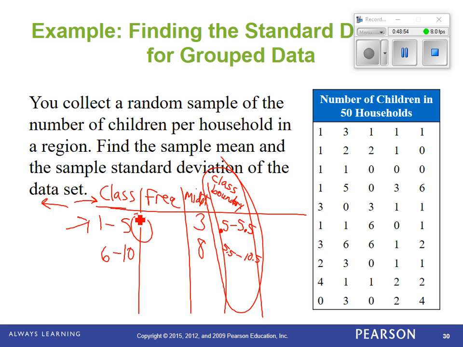Well, it's not in our set, so to make it all inclusive, to include every possible number, we need those class boundaries, because then it goes from here to there, then it stops there and goes up to there, even though those numbers are never going to fall in there. Does that make sense?